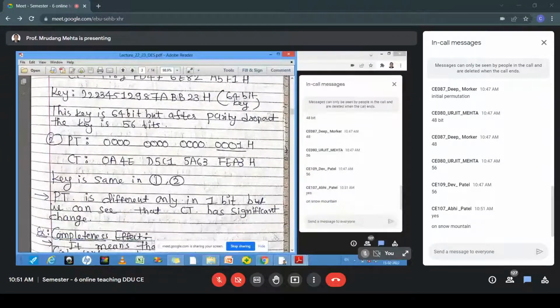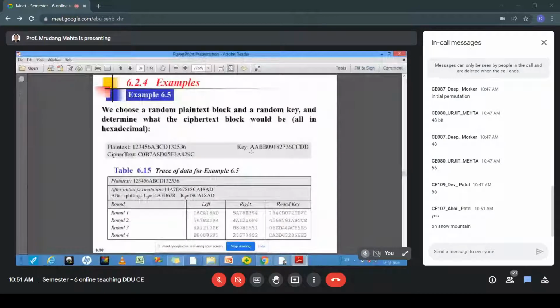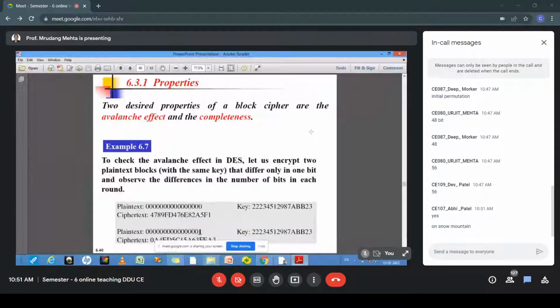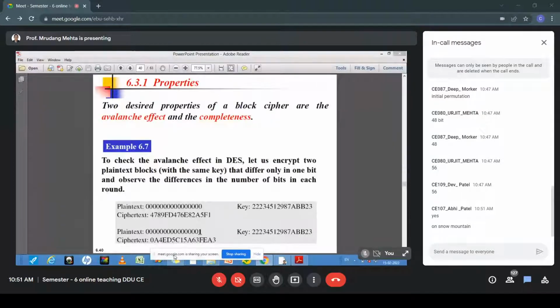So this is called the avalanche effect. Let me show you in this slide also. The same example: you can see the keys are the same and the output ciphertexts are different.